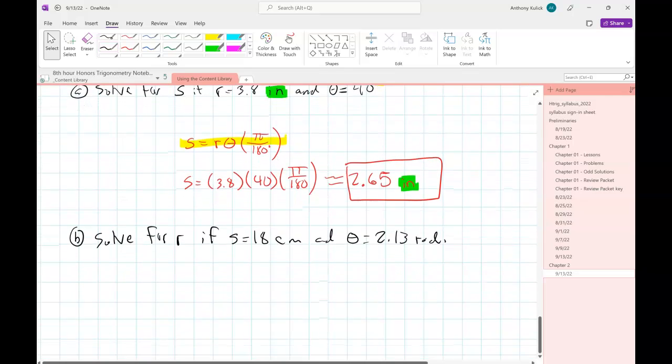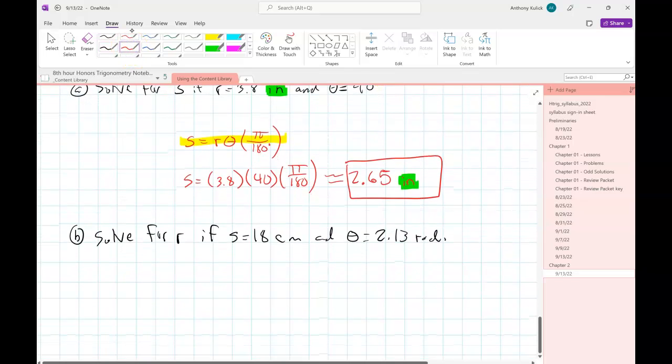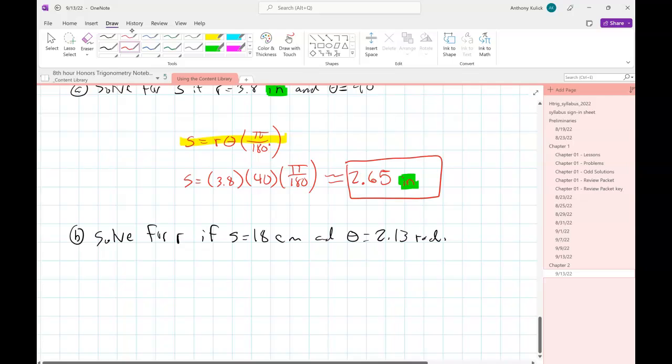So what if we wanted this time instead to solve for r if S is 18 centimeters and theta is 2.13 radians? Well, the first thing I'm going to do is observe the unit on my angle. So I'm going to use the radian version of my equation. Everybody's cool with that?